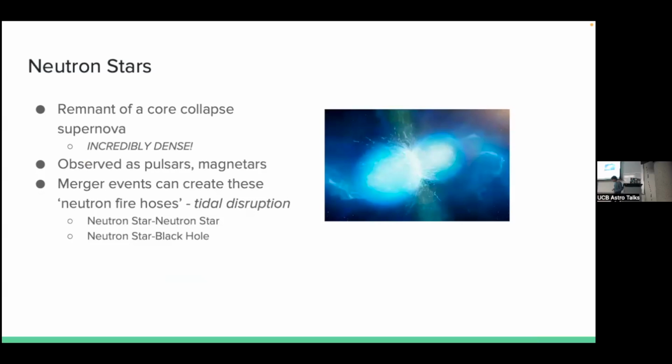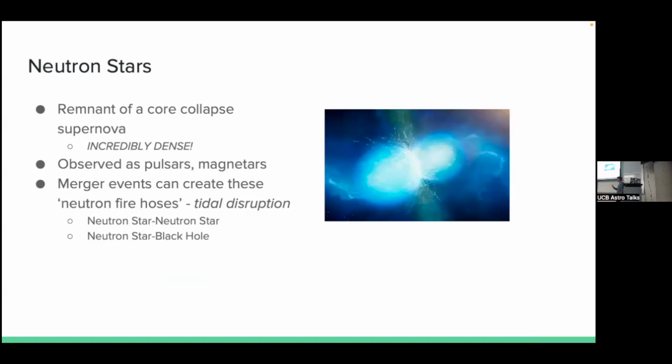And as you collapse all of this material, it crunches down gravitationally. You actually start smashing electrons into protons, and that kind of is the reverse of beta decay. And you start making a whole bunch of neutrons, and you're left over with a neutron star. Of course, if you go even heavier, then there's a point where you start making black holes as opposed to neutron stars, but we'll ignore that for now. And so these things, like I said, are incredibly dense.